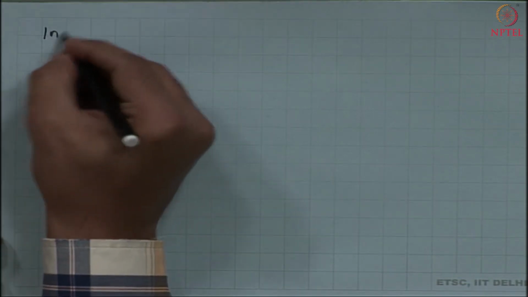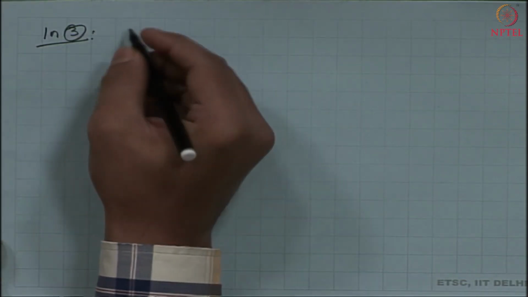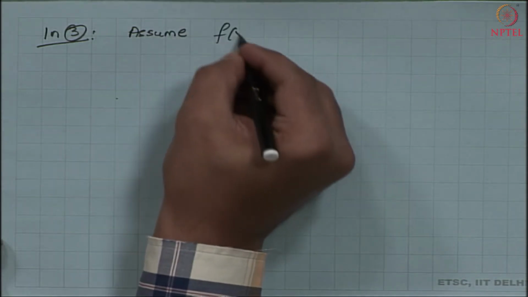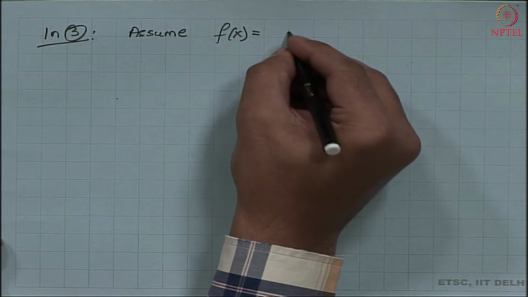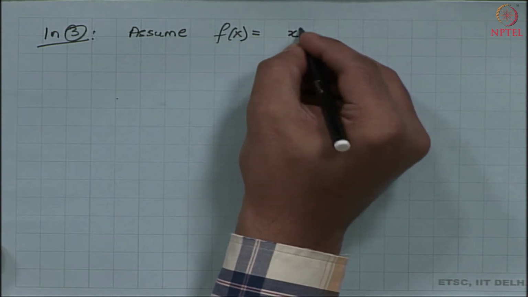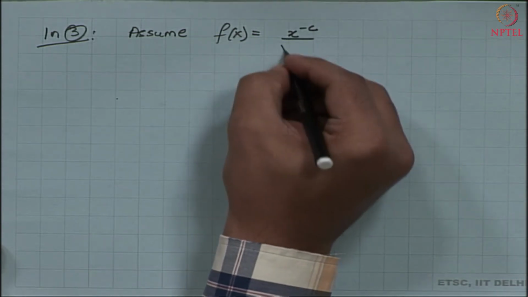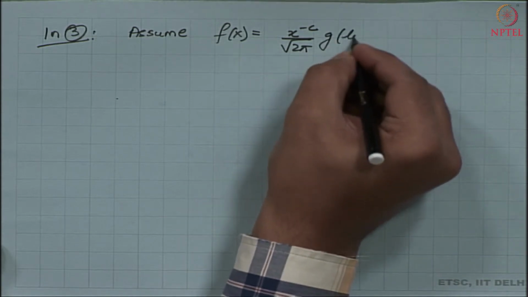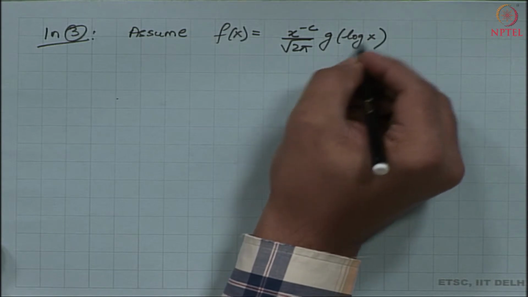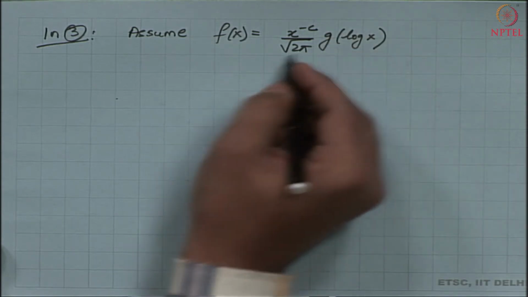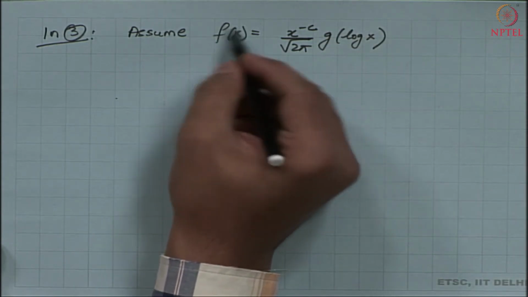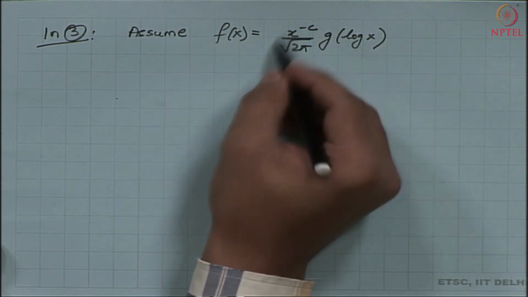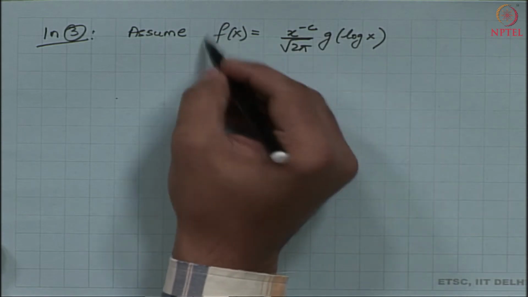Let me assume another function, assume my function f of x to be x to the power minus c by square root 2 pi times g of log x. So, the variation in x originally in this fashion is replaced by the variation in x in this fashion. I have just clubbed most of these terms into a single function here.